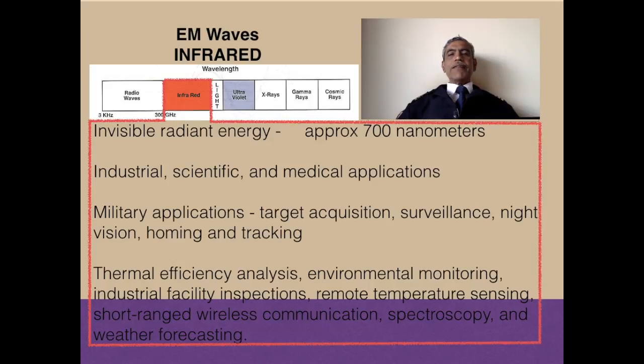There are industrial, scientific, and medical applications, and we all know that the military applications include target acquisition by night, night vision, homing, tracking, etc. Other commercial applications include thermal efficiency analysis, environmental monitoring, industrial facility inspections, remote sensing, wireless communication, spectrography, etc. And of course, you are all familiar with, or you are going to be frequently exposed to, the infrared weather satellite picture, which gives a different analysis of the existing weather.